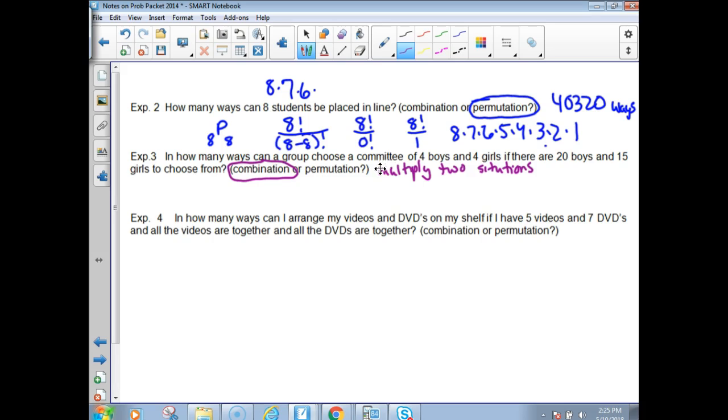All right, so if you've got a committee, you want 4 boys, and there are 20 boys. One of the combinations is 20C4. You can take it out of 20 boys, and you're needing 4 of them. You're going to multiply that by the combination of girls you could have, which is 15 total girls, and you need 4 of them.